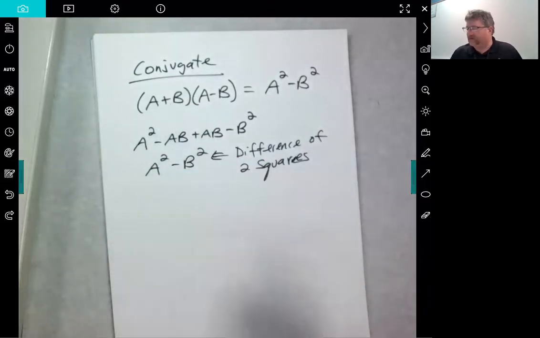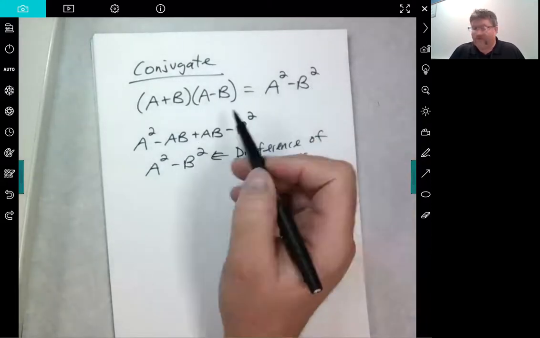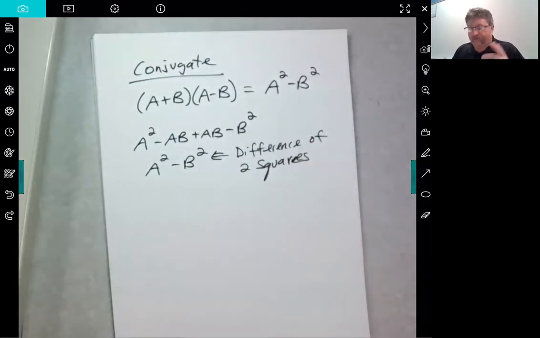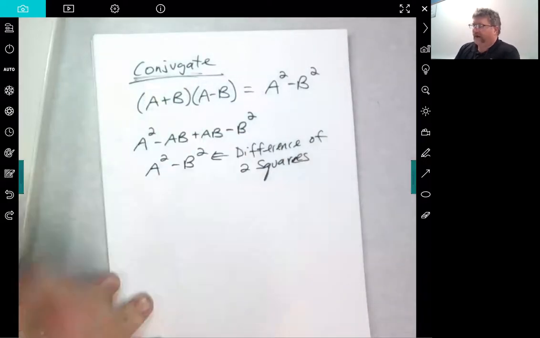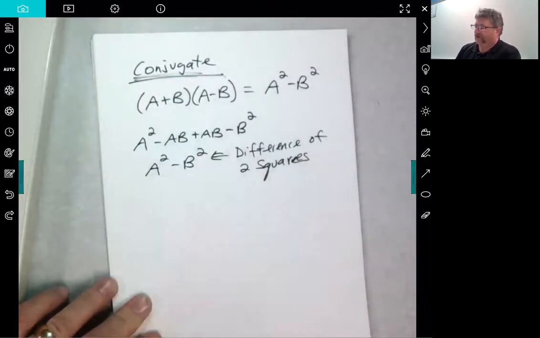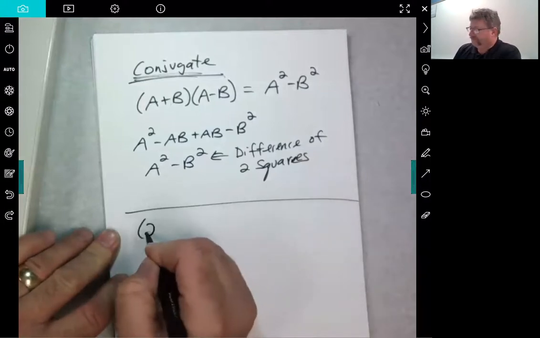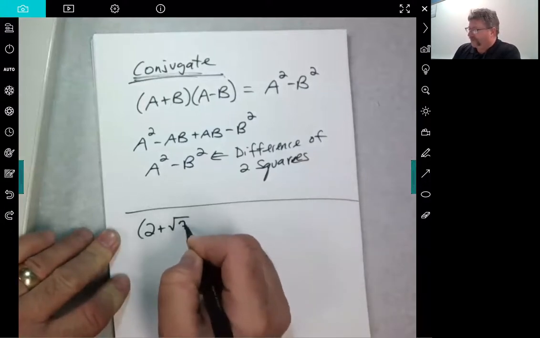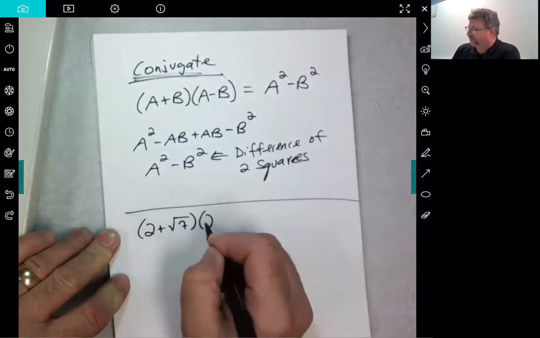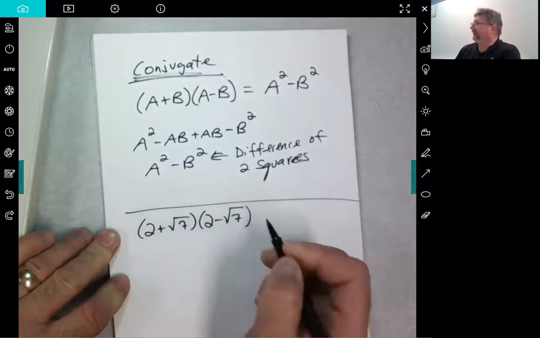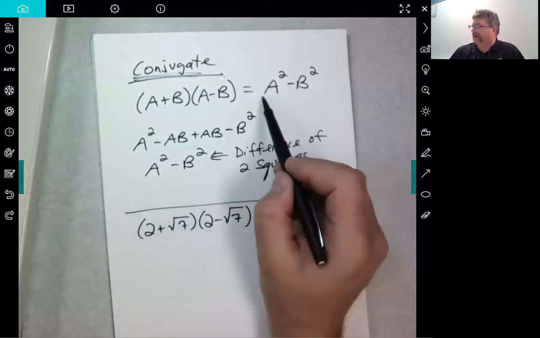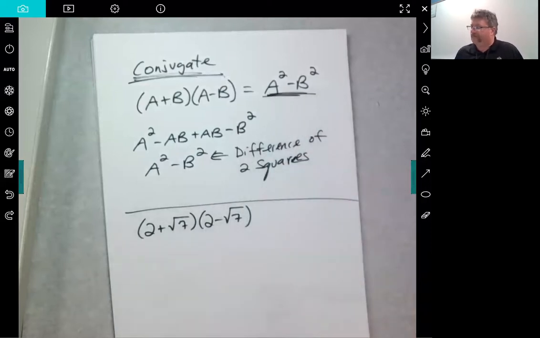Take the first number, distribute it across, take the second number, distribute it across, but it's going to simplify nicely because things are going to cancel because they are what we call conjugates, the same numbers, but one's got a plus and one's got a minus. So for example, 2 plus radical 7 times 2 minus radical 7. Now there is a shortcut. I could jump right to this A squared minus B squared.